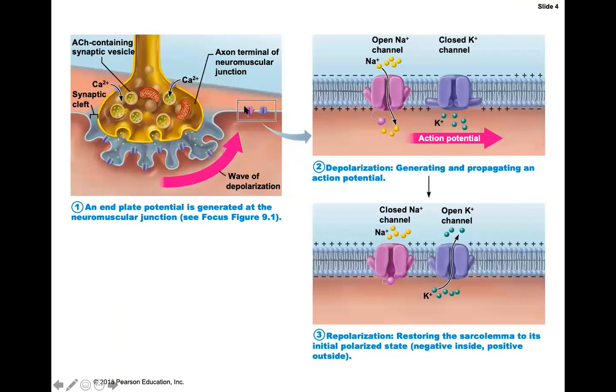That wave of depolarization can cause the sodium voltage-gated channels to open. Now you have a significant amount of positive ions rushing into your cell, which causes the depolarization phase of your action potential. To return things back to normal, you're using the potassium voltage-gated channels you see right here that allow potassium efflux, returning the electrical charges back to the starting point.